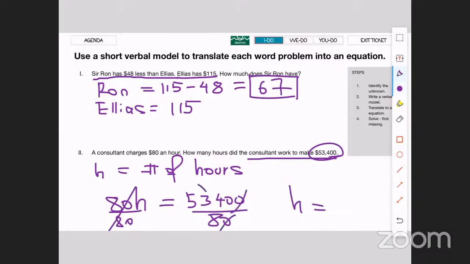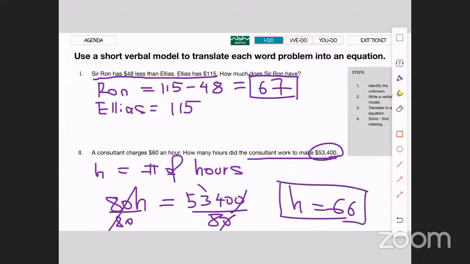Within 53, there are 6, it's 48, and it's 54. Within 54, there are... 7 is 56, so it's a 6. It's around 66 hours that the consultant has to work, a decimal number.